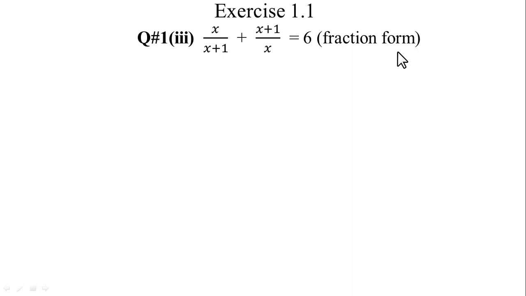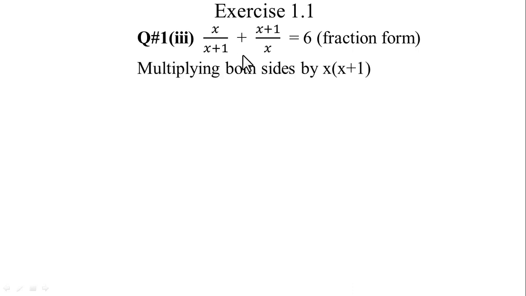Then we get the LCM of this equation, which is x into x plus 1. Now we multiply x into x plus 1 on both sides, so multiplying both sides by x into x plus 1, the LCM of this fraction equation.